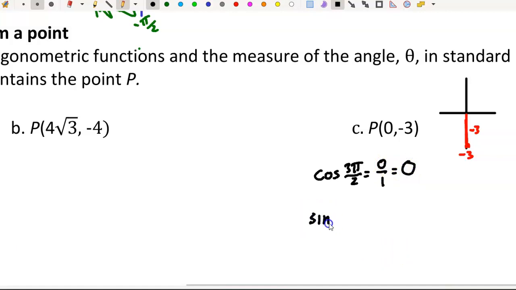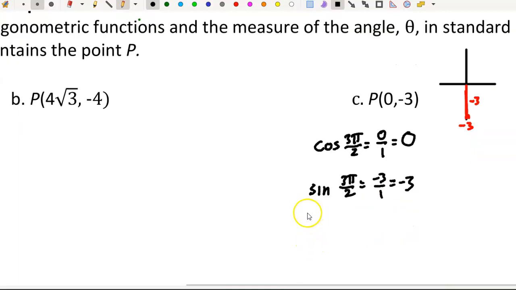We have our sine of 3 pi over 2, which is negative 3 over 1, so we get just negative 3. Our tangent of 3 pi over 2 is rise over run, so we have negative 3 over 0, so that's undefined.